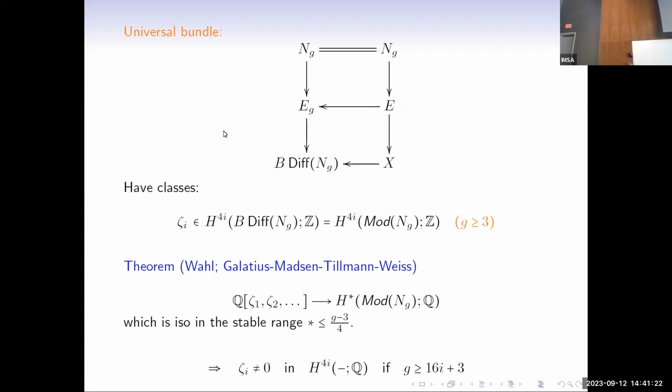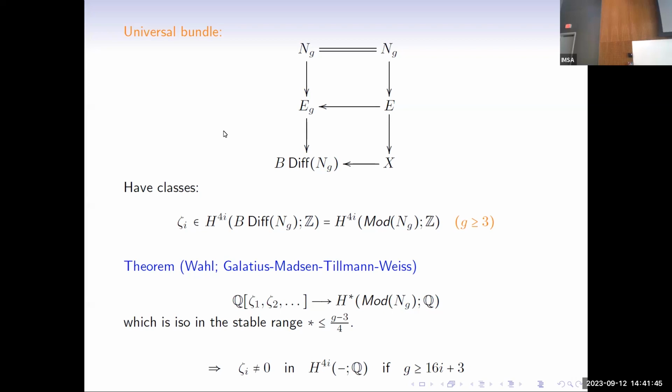Okay. So thanks to the work of Wahl, Galatius, Madsen, and others, we also know that these classes give you the rational cohomology of the stable mapping class group in the non-orientable case.